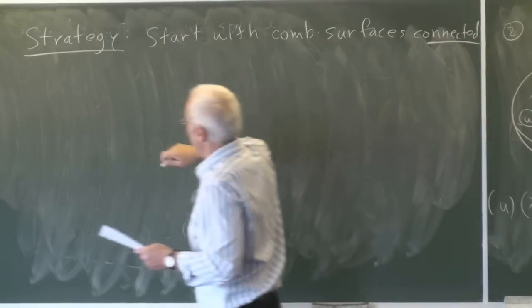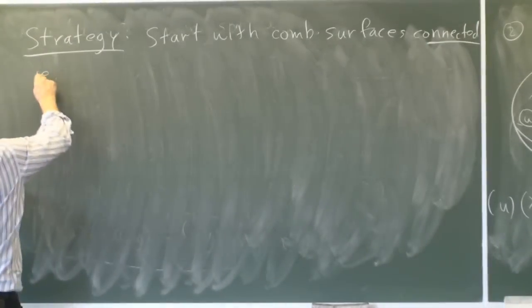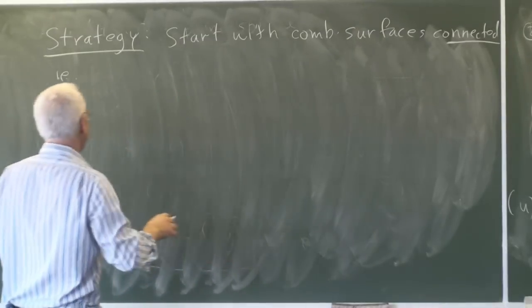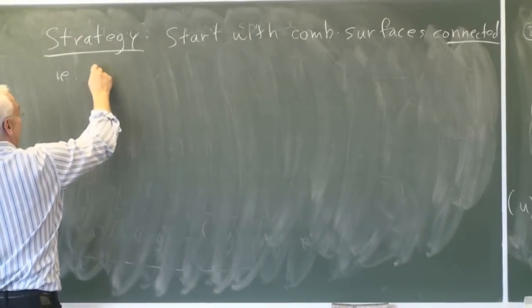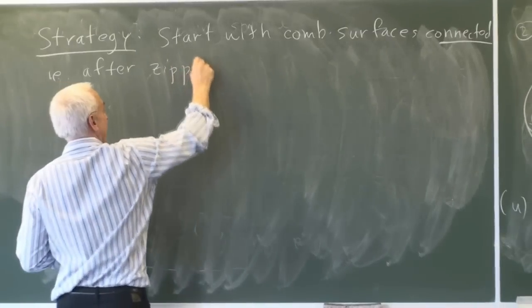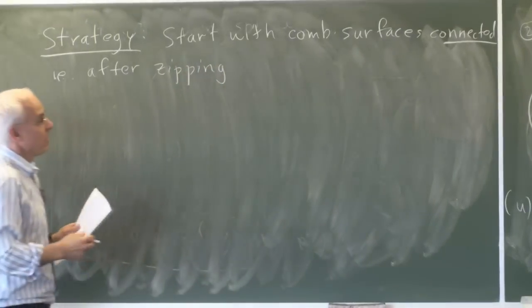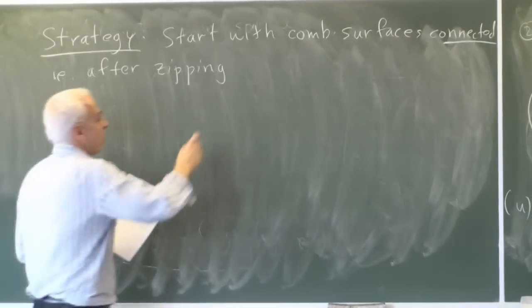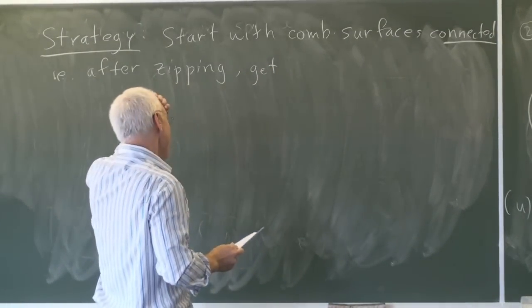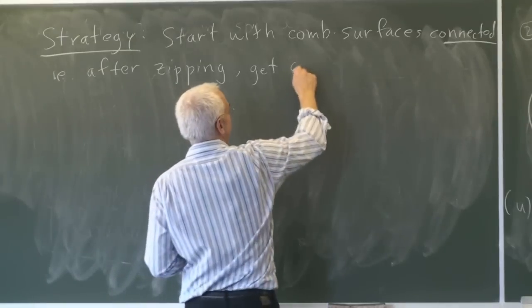And that means that when we zip together different spheres or different polygons, after zipping, we get one sphere.